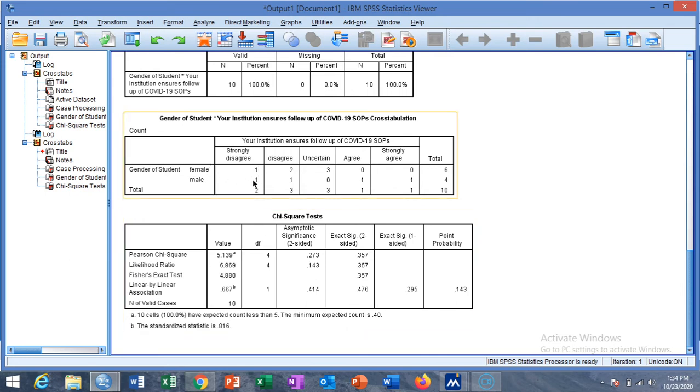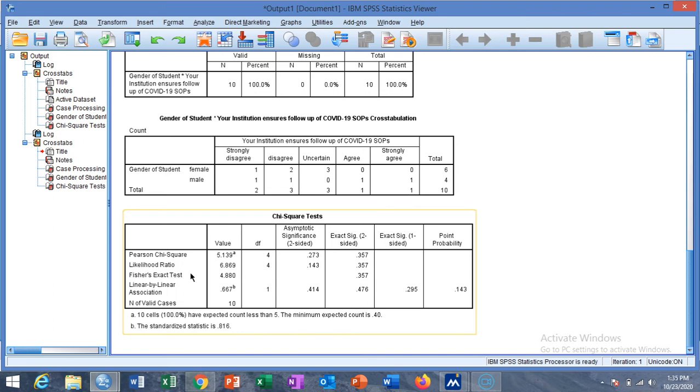In case of qualitative variables with two levels each, that is, if both variables have two categories, the contingency table is of order 2 cross 2. In that case, the value of Pearson chi-square and the value of Fisher exact test will be the same. Then you don't need to perform a Fisher exact test instead of Pearson chi-square test for smaller sample size.